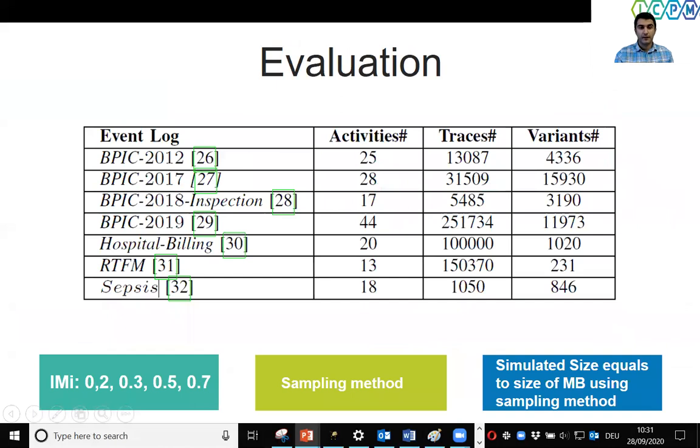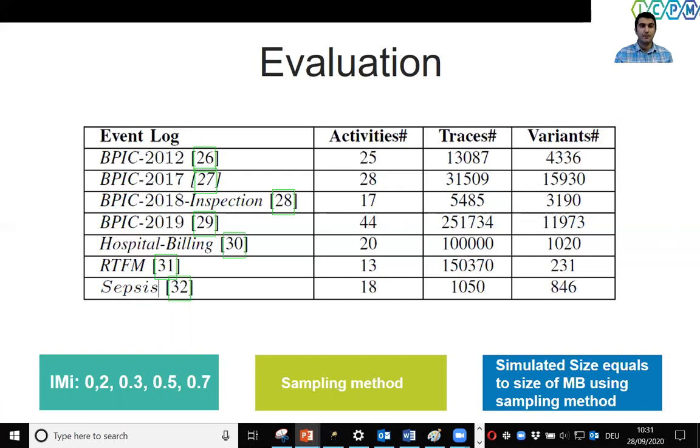To evaluate the proposed method, we implement the approximation method in both Chrome and RapidProm platforms and apply it on 7 real event logs. Some of the event logs are big and some others, like Sepsis, have several unique values. For process models, we discover a process model using Inductive Miner with 4 different noise thresholds.